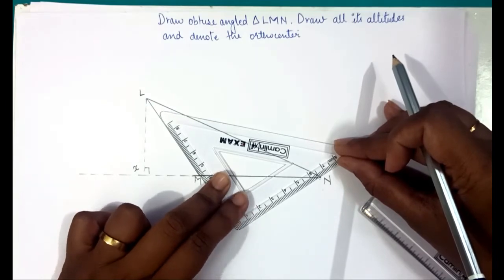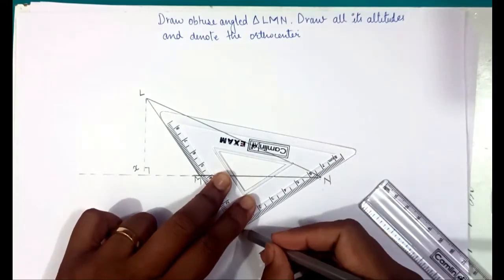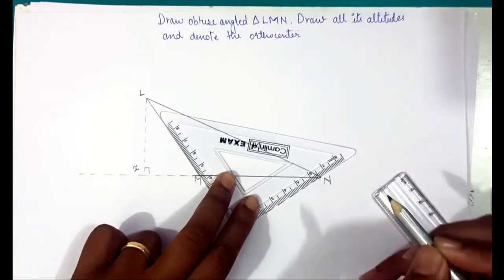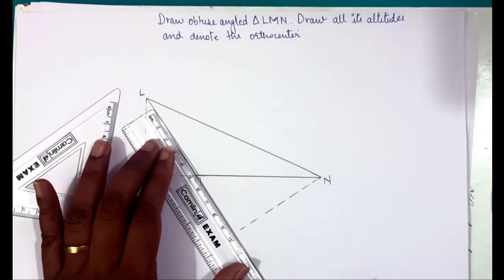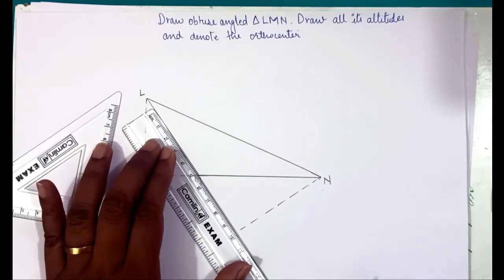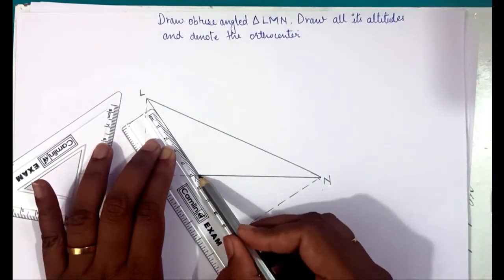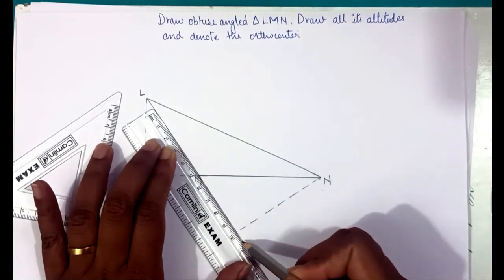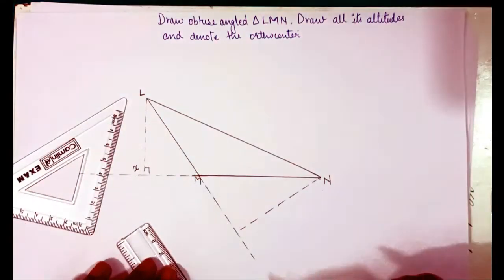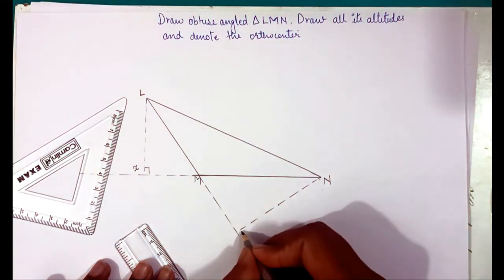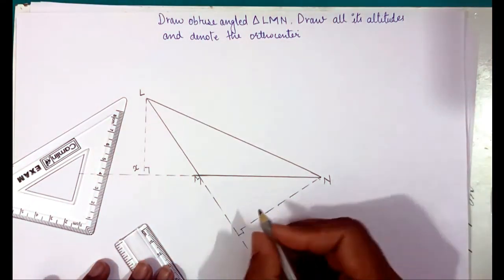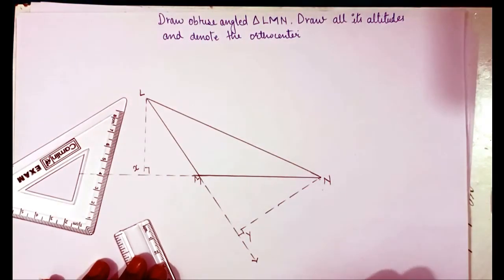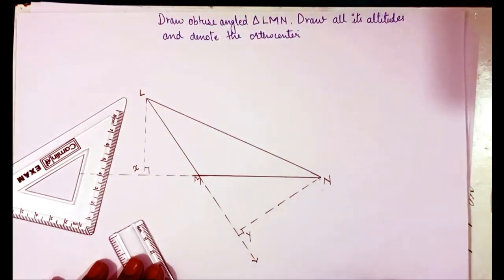And over here also we have to extend LM. So we'll draw this is our perpendicular, NY.